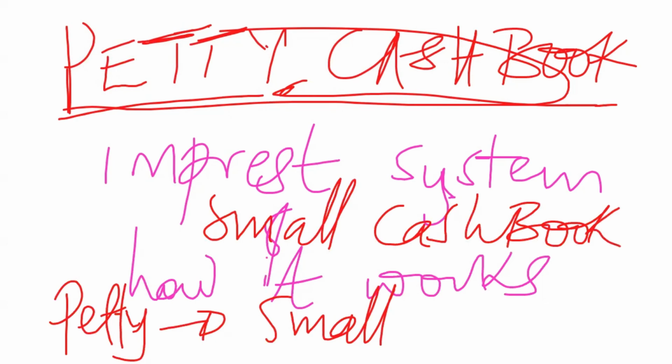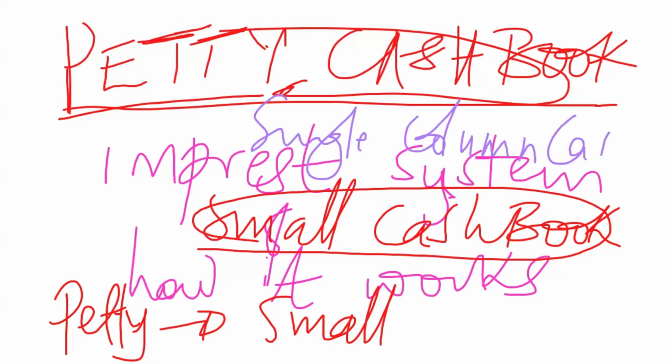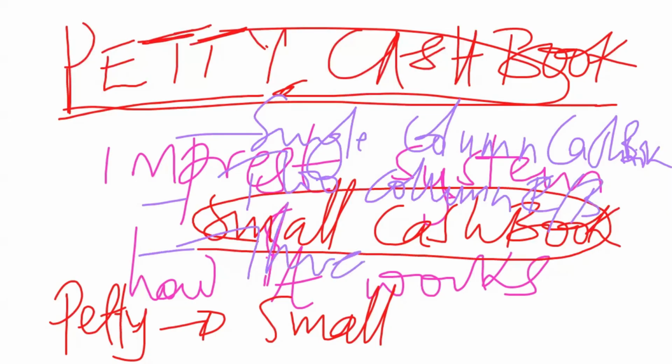When we talk about a small cash book, we try to maintain a separate cash book which is different from the main cash book. The main cash books are what we already looked at: the single column cash book, the two column cash book, and the three column cash book.